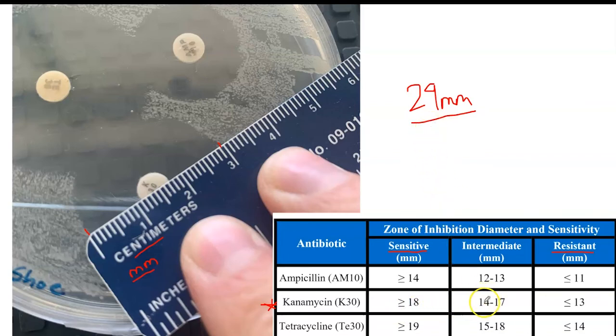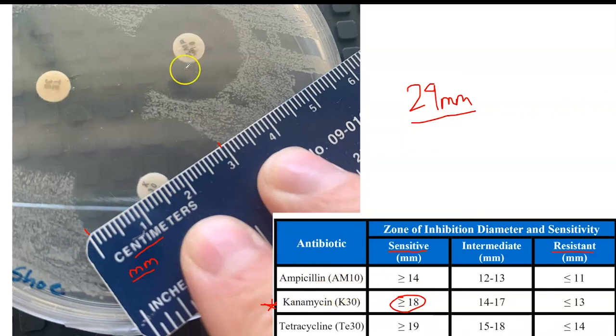It's not between 14 and 17, and it's not less than 13. And so the smaller the zone, and this hopefully makes sense, the smaller the zone means resistant. The bigger the zone means sensitivity. And so this is where we are at. We would conclude that this bacteria from the shoe is sensitive to kanamycin.